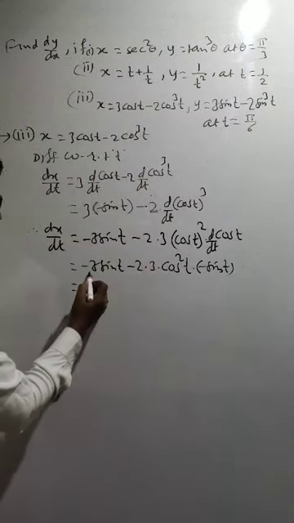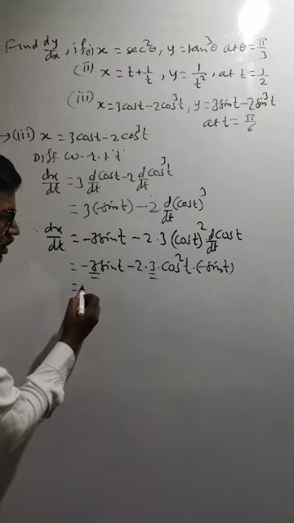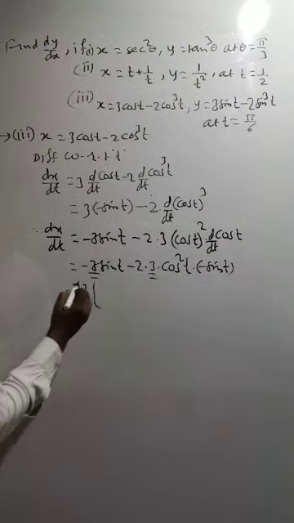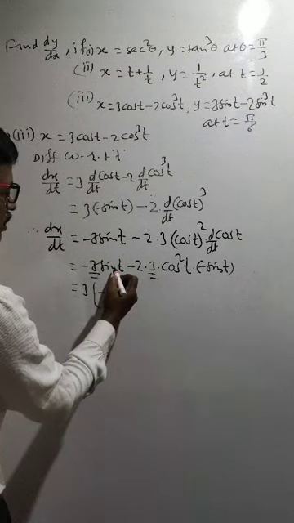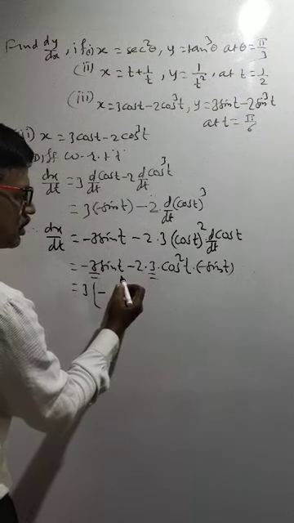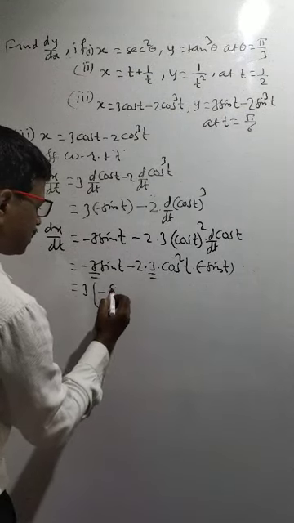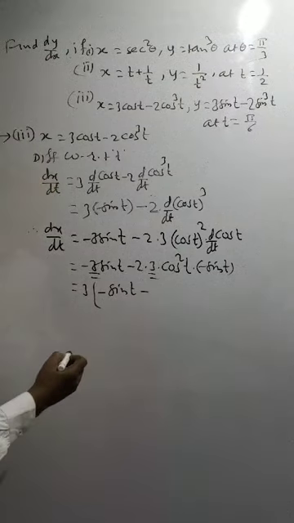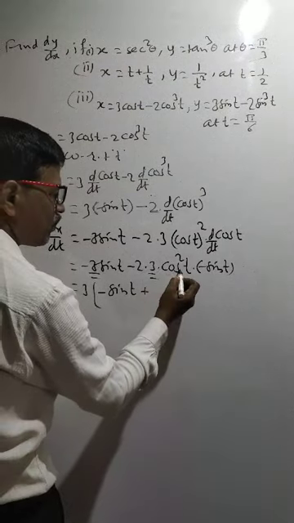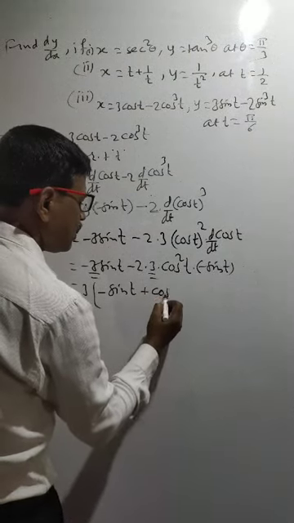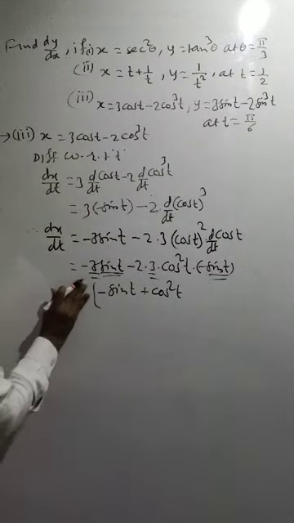Take 3 common, minus 3 sin t also common.